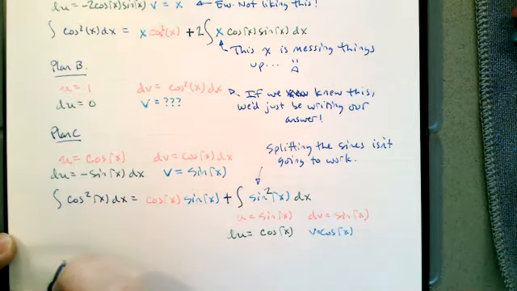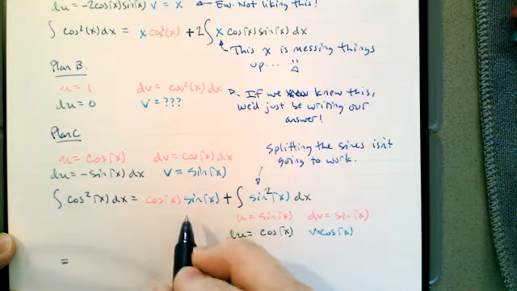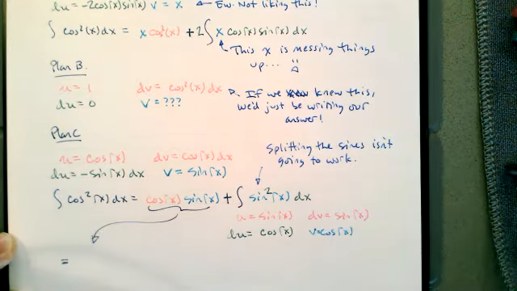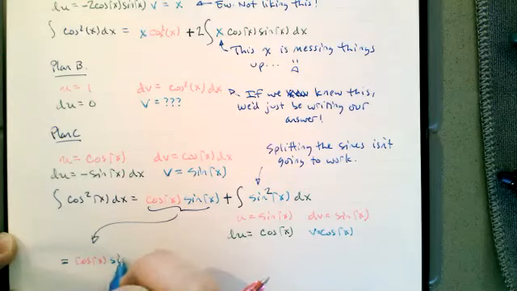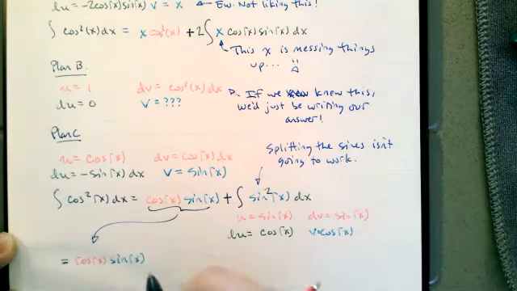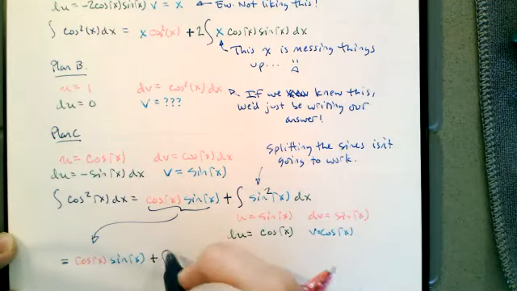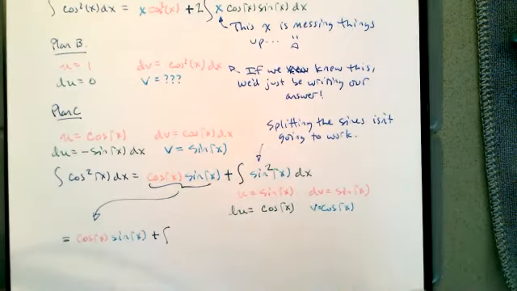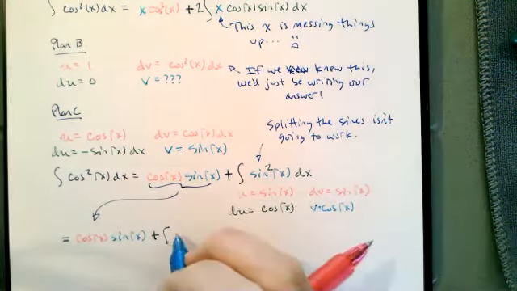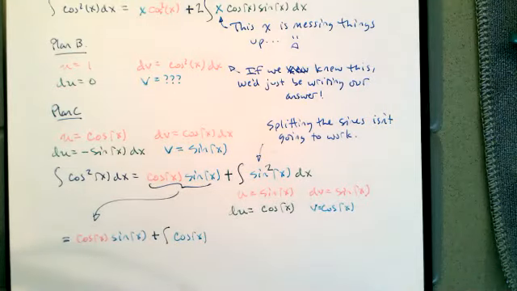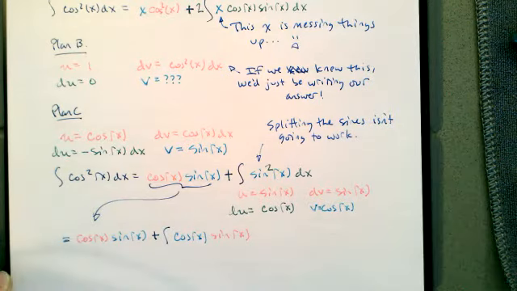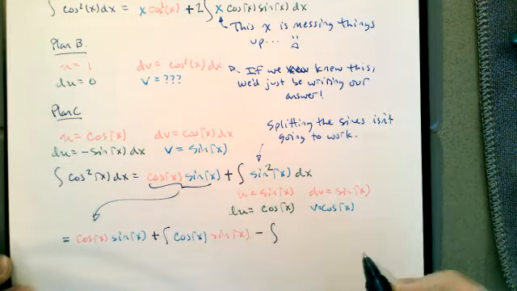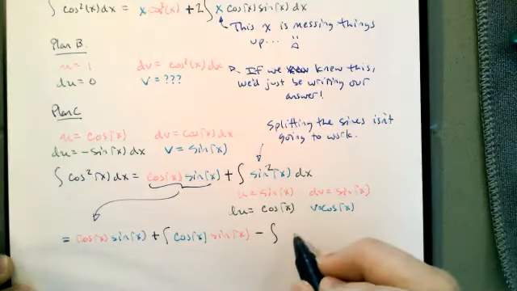So what I end up with is this cosine x sine x is the same. I'm going to have this one that just follows down. So I have cosine x sine x plus, and then my integral, which will be integration by parts, is going to be sine x times cosine x minus the integral of cosine times cosine.